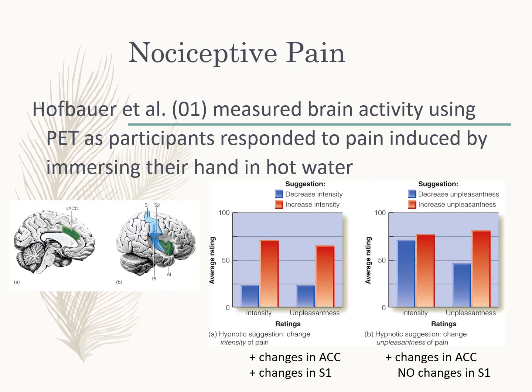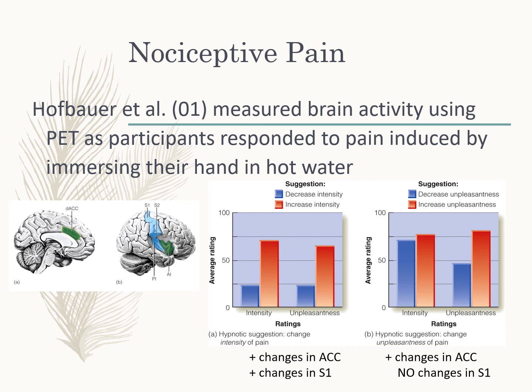Hochbauer et al. measured brain activity using PET as participants responded to pain induced by immersing their hand in hot water. And they made these hypnotic suggestions, either increasing or decreasing the intensity of the pain, or increasing or decreasing the unpleasantness of pain via hypnosis.